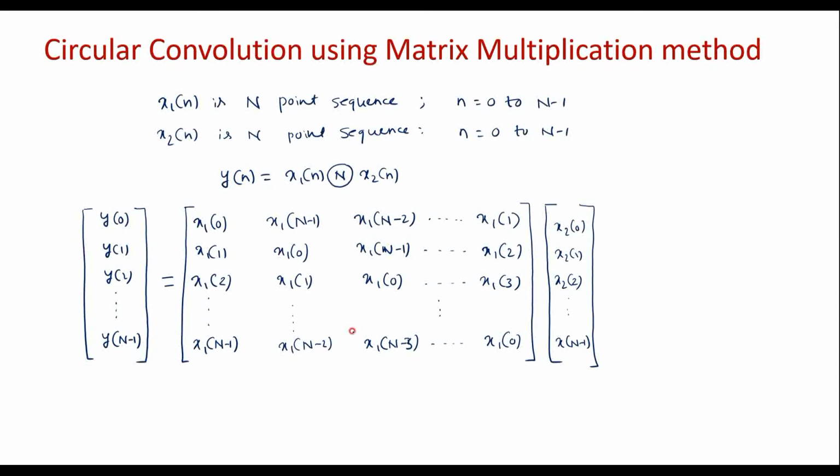Now we'll take one example. x1 of n is 1, 2, 3, minus 1, and x2 of n is 4, 3, 2, minus 2. Here we can see that N is equal to 4.